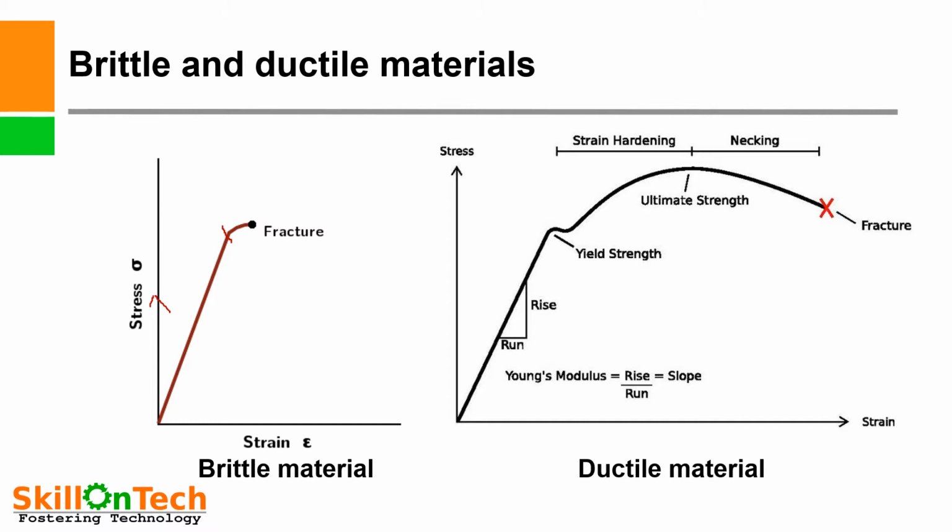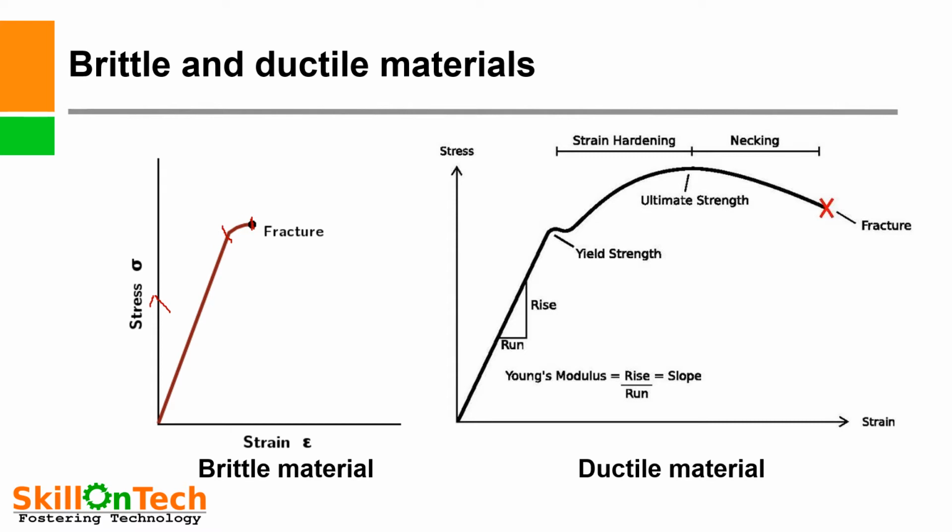But after this, when we increase stress, there is no yielding, and just after increasing a little stress over here, the material fails and fractures without giving any warning of ductility.